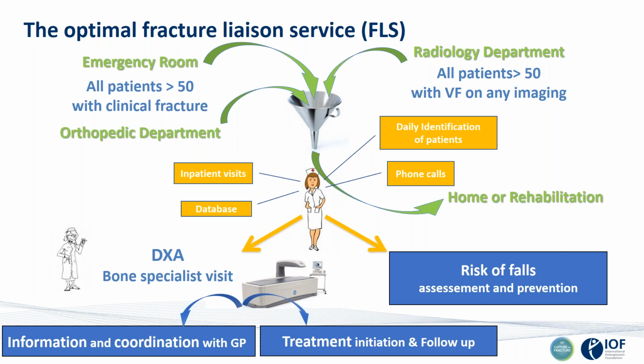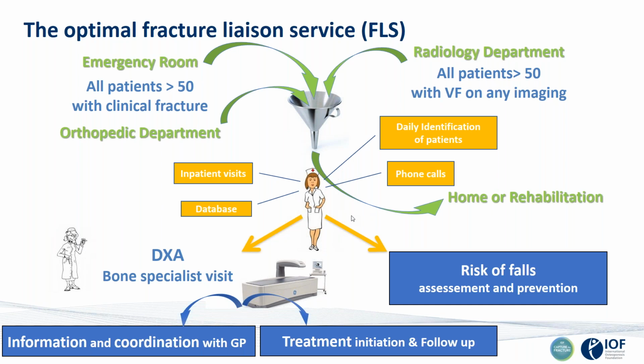But of course, the more comprehensive management of patients with osteoporosis should also include patients going through the radiology department with the track of abnormalities on any imaging system that could identify patient with vertebral fracture, even though these imaging were not realized for assessing vertebral fractures.